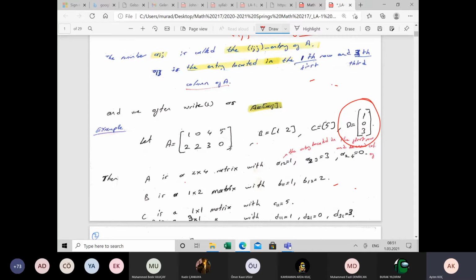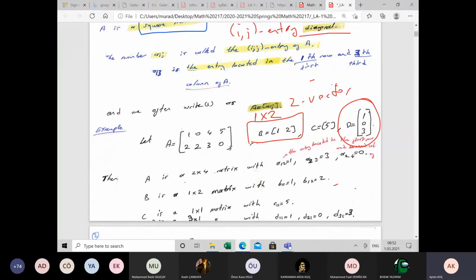Also sometimes our matrix contains only one row. Look at B, it contains only one row, and this is also called a vector. What's the dimension of B? 1 by 2, it contains only one row. B is a vector, denoted as a 2 vector.